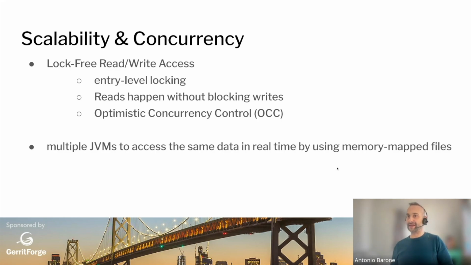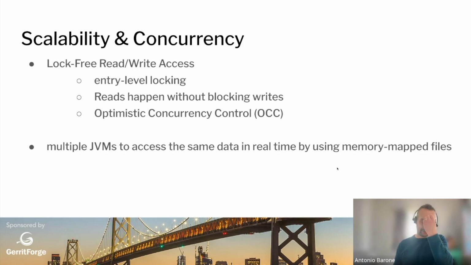So they thought of these memory mapped files as being available to multiple JVMs that will be able to access the same data in real time without any issue. And this is cool because it does open the door for distributed caching, which at the moment is a no-no for Gerrit installations.